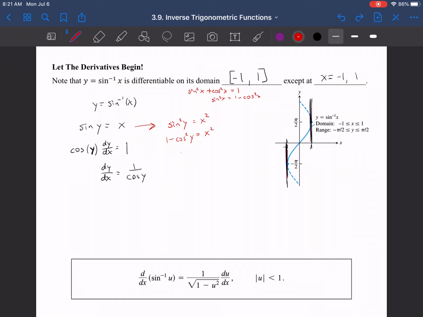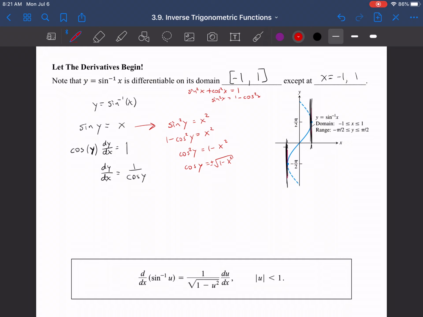cosine squared y equals 1 minus x squared, which means cosine of y is the square root of 1 minus x squared with a plus or minus. See that? We get a plus or minus there.